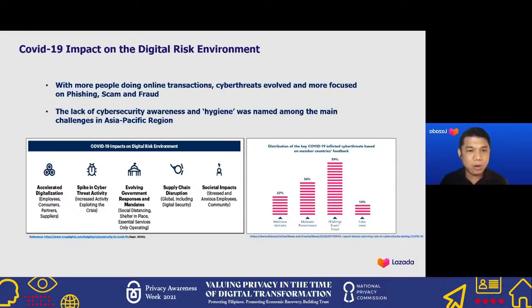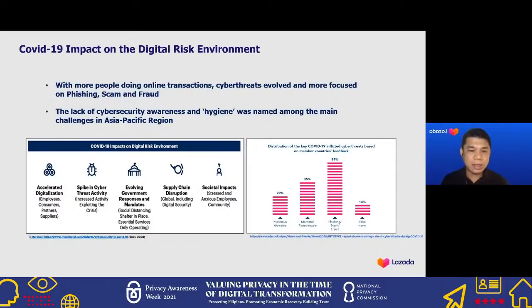And in the lower left portion of this slide, you can see an illustration coming from MOQ Digital, wherein it narrated the impact of the digital risk environment. So first, while it accelerated digitalization, it allowed employees, consumers, partners, and suppliers to be more connected.